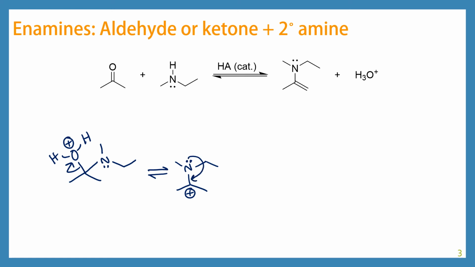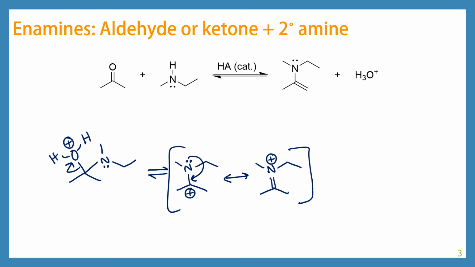When we go to draw our resonance form, we create an iminium ion, but unlike in the last mechanism where we were able to solve that positive charge by deprotonating the nitrogen, we can't do that here. There's no proton on the nitrogen, and we can't just remove an alkyl group.